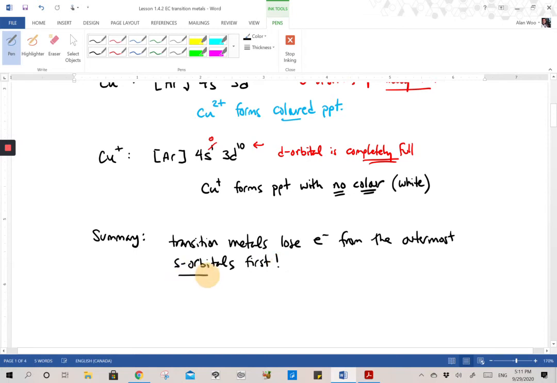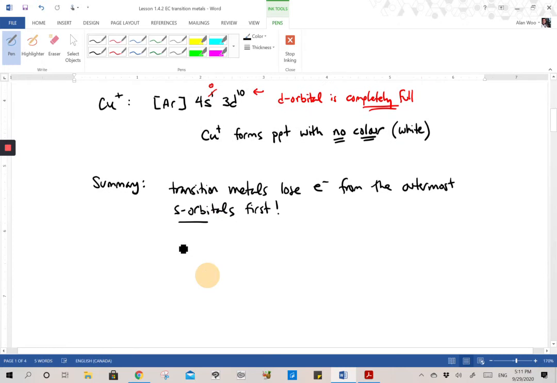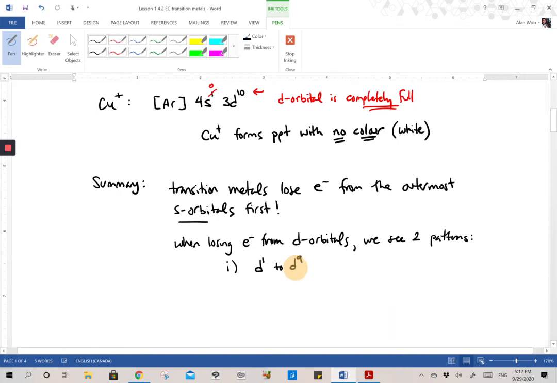Once you've taken all the s orbital electrons, then they will proceed to the d's. When losing electrons from d, we see two patterns. If the orbital ends in d1 to d9, the precipitates have color.